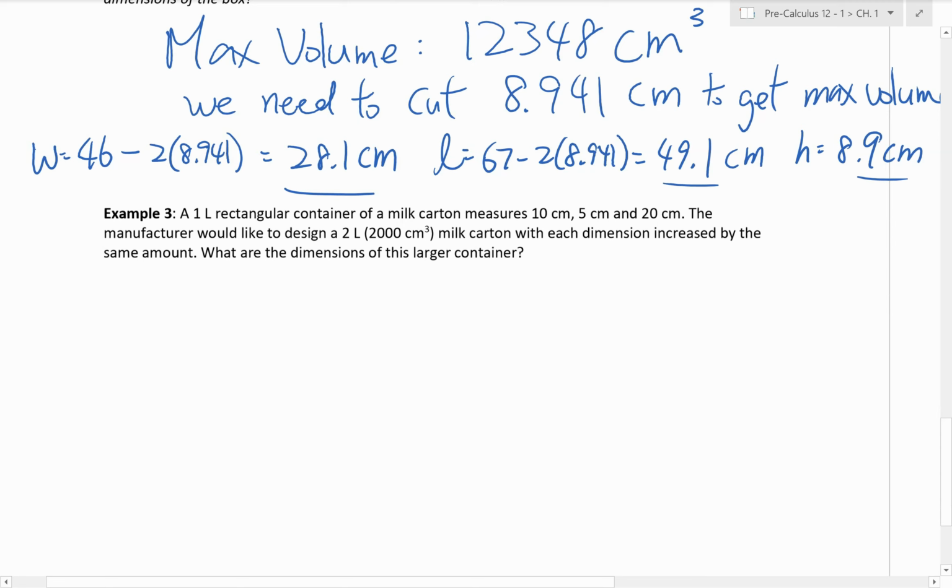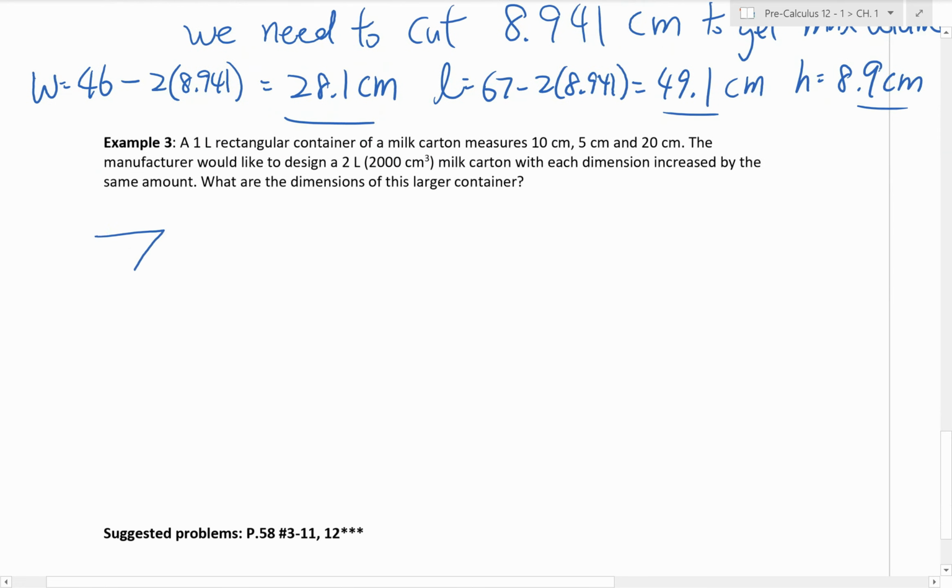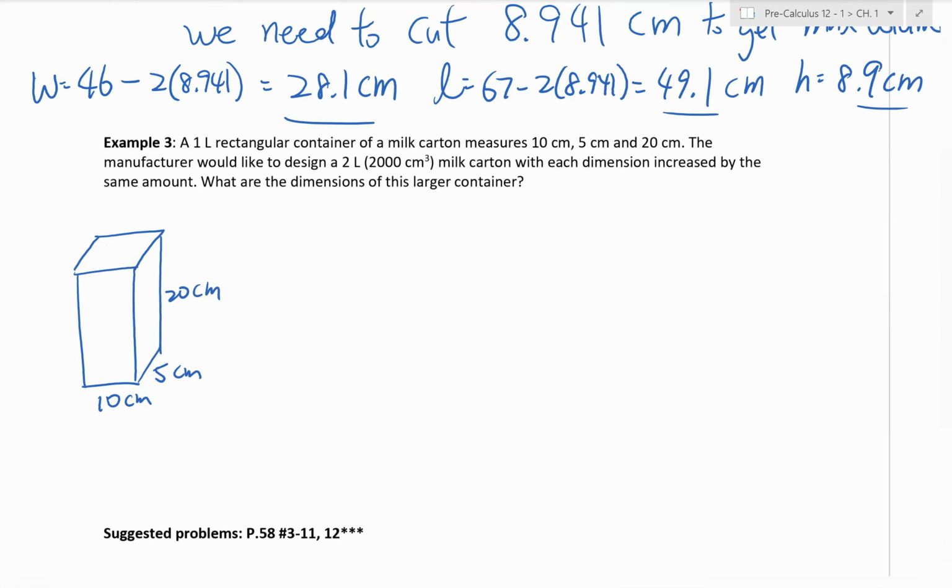Okay, so basically, same thing really. Let's say here's our milk carton, and this was 10 by 5 by 20. We are going to increase each side length by the same amount and effectively double the size.